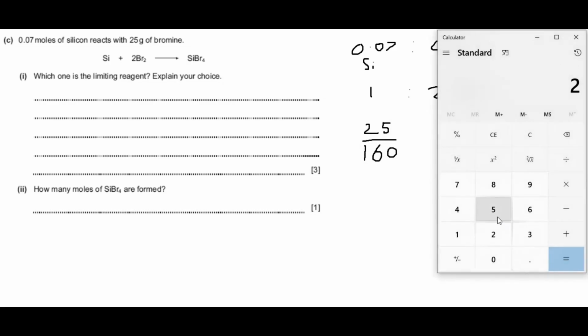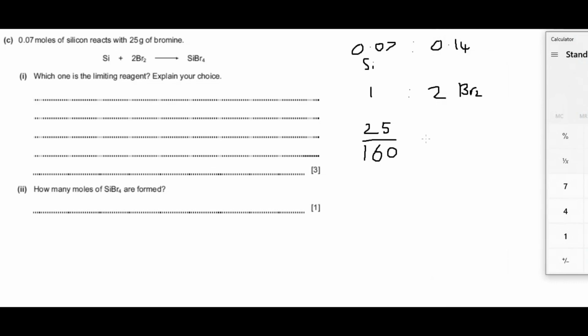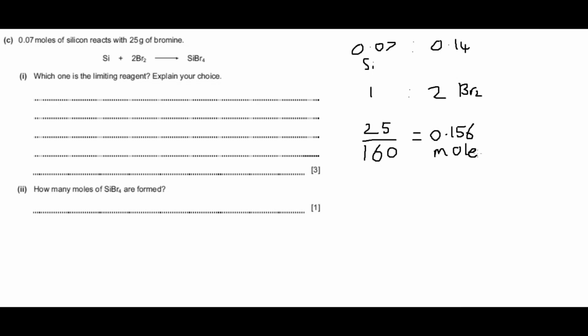So 25 divided by 160, 0.156. So that means I've got 0.156 moles of bromine.